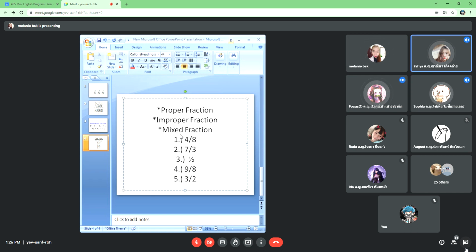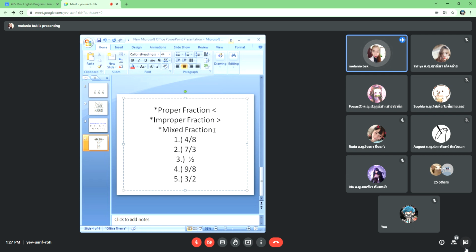Improper fraction, because 3 is greater than 2. That is an improper fraction. In a proper fraction, the numerator is less than the denominator. In an improper fraction, the numerator is greater than the denominator. Do you understand?